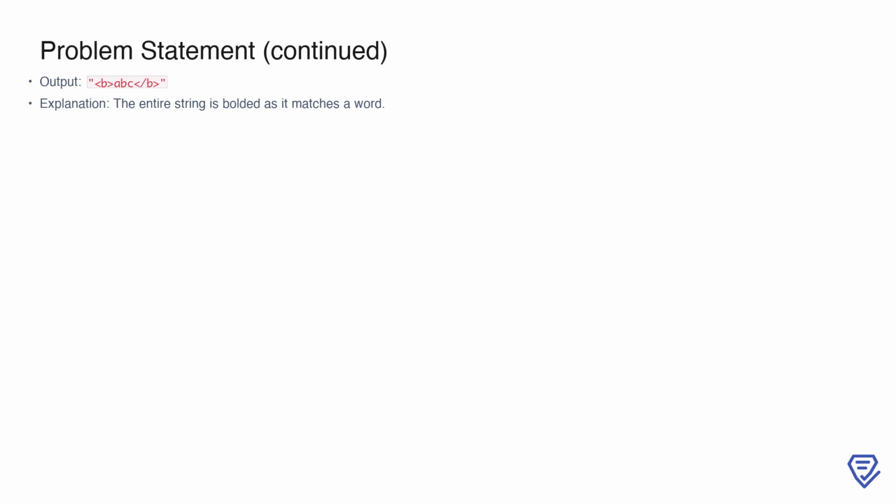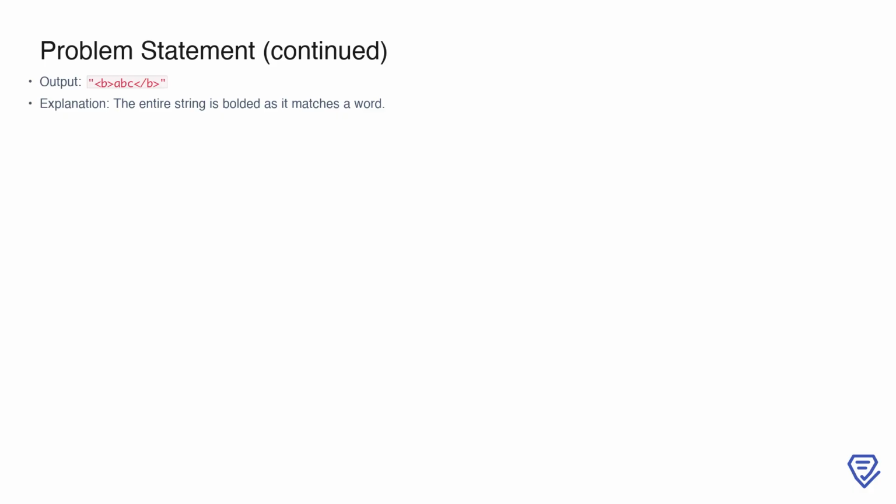Finally, let's consider the constraints and a few edge cases. The constraints restate that the length of words is between 1 and 100, each word in words is at least one character long and at most 100, and the string S can be up to 10,000 characters long. It's also essential to note that overlap must always result in a single bolded section. For example, if words is empty or no matches are found in S, the output remains unchanged.